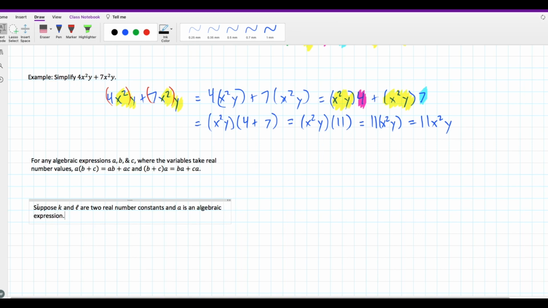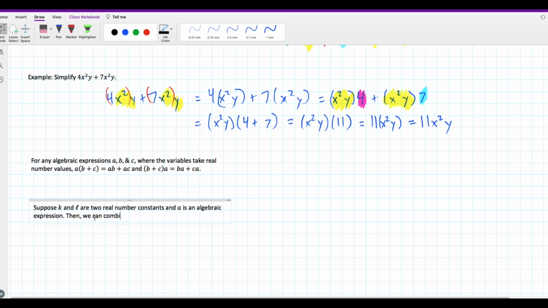Now typically if you're going to be combining like terms, you want it to be an algebraic expression that's, say, a product of variables or a single variable, but it can be other things. And when dealing with situations like factoring by grouping, you are sometimes going to look at situations where this second part of each term is more than just a product of variables. Okay, let's finish this off.